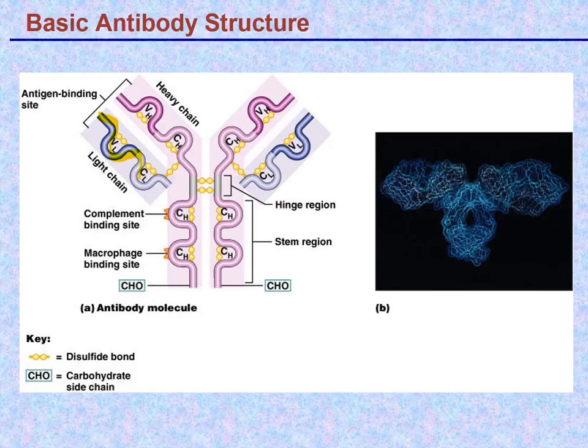So 4 protein chains, 2 smaller ones, which are called light chains. That's what the L stands for, light. And 2 longer, also identical to each other, just like the light chains are identical to each other, polypeptide chains that are called the heavy chains.